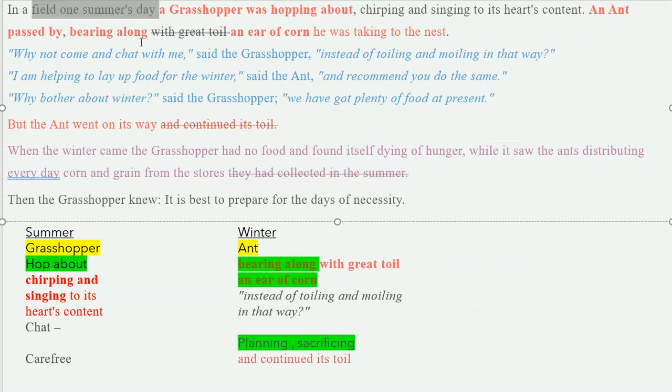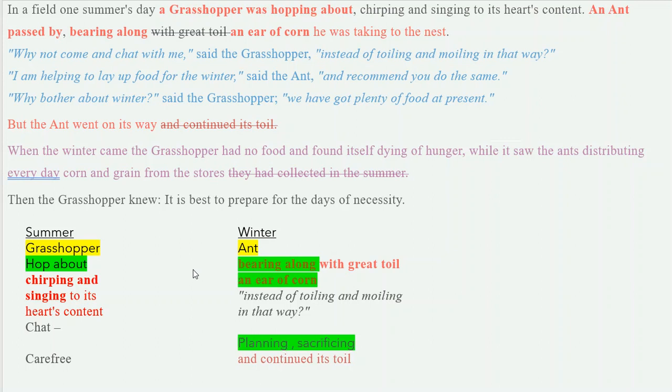So summer, winter, hopping, collecting food. Isn't it amazing how lovely people organize texts and choose the right words for us to have pleasure reading this?